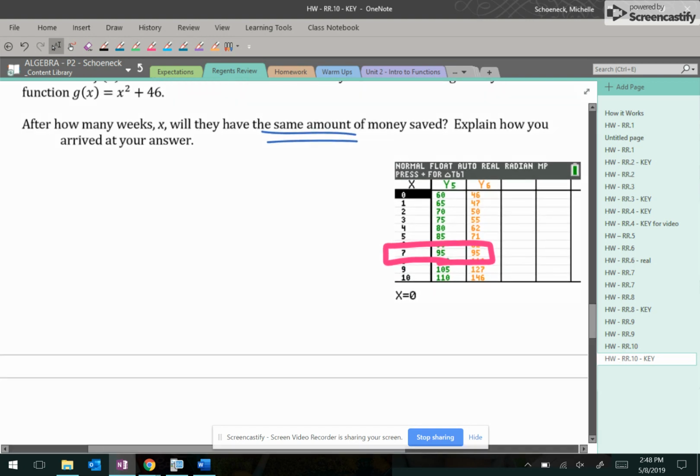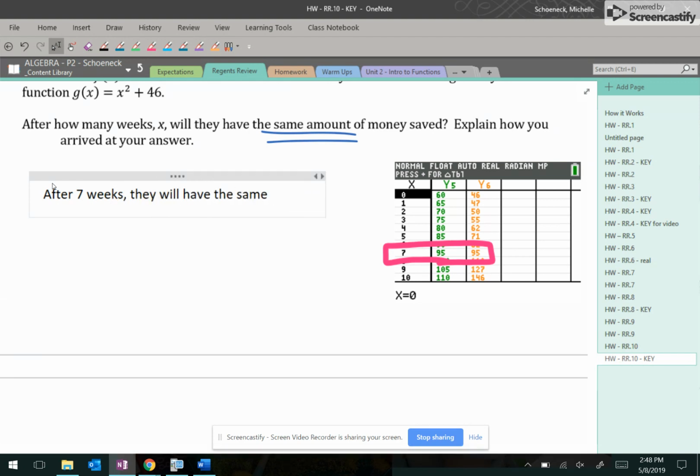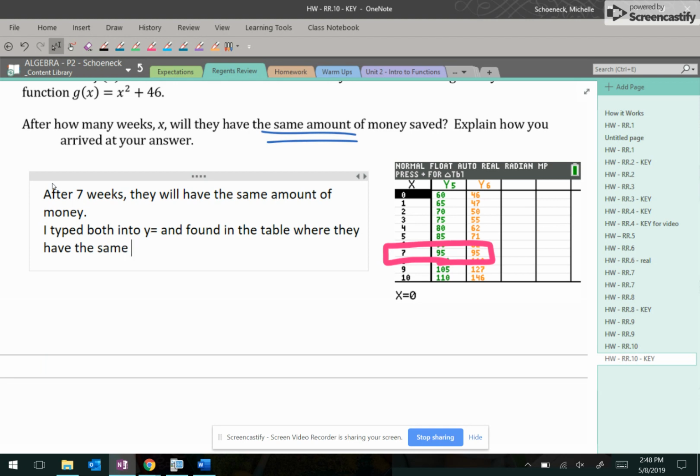So we're going to say that after 7 weeks, they will have the same amount of money. And it says, explain how you arrived at your answer. I typed both into y equals and found in the table where they have the same amount of money in the y's. Okay.